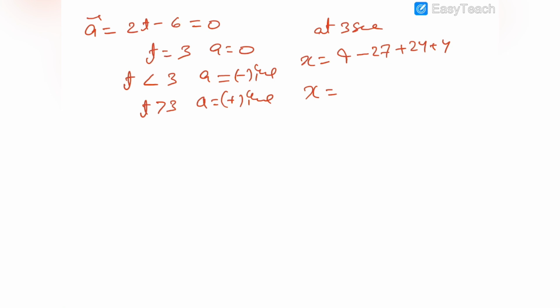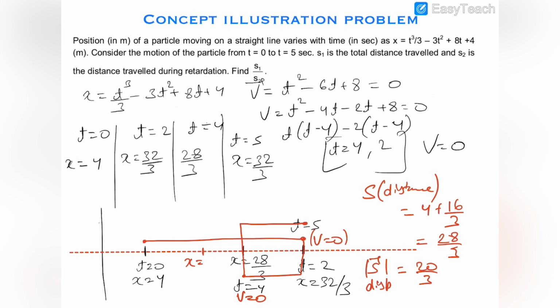So x is equal to 10. This is minus 18 plus 4 is minus 14, and minus 14 plus 24 is 10. So x is equal to 10 will occur somewhere here.